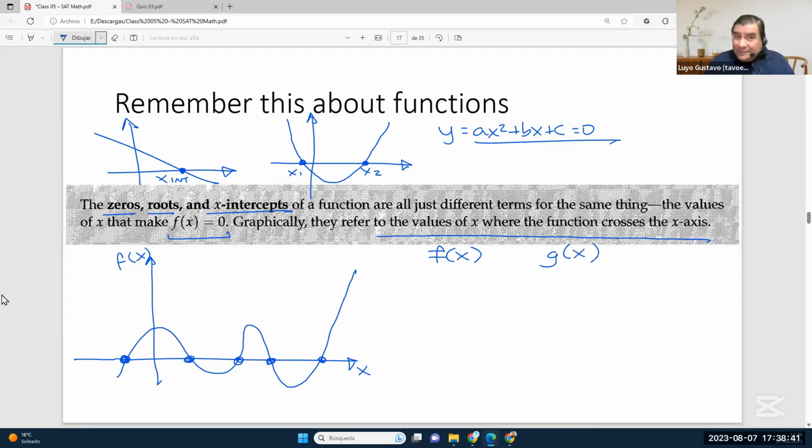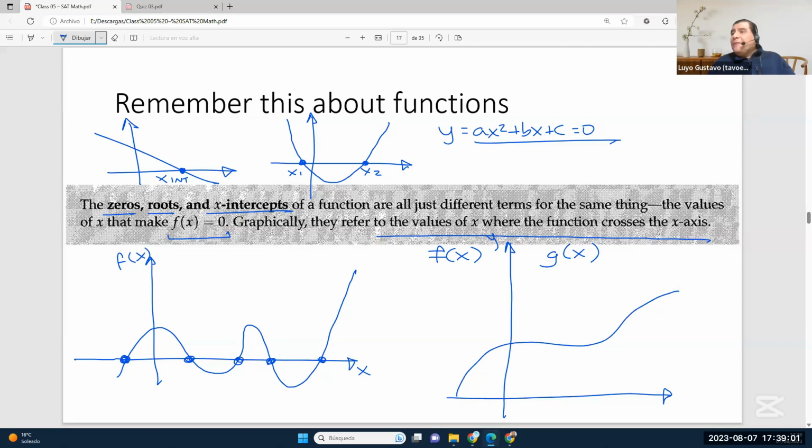How do I find the points that are common to these two curves, or the points where the two curves cross? Imagine you have, on the vertical axis, this curve that we call f of x. And we have another curve, g of x.